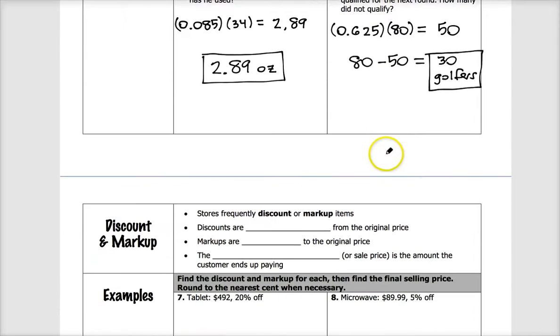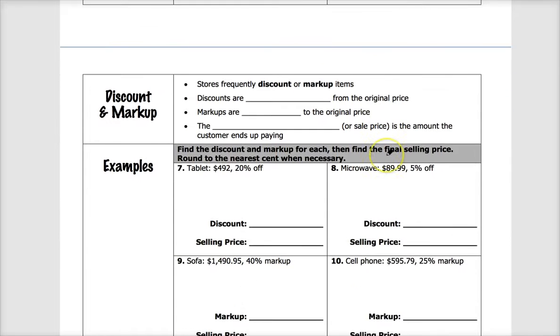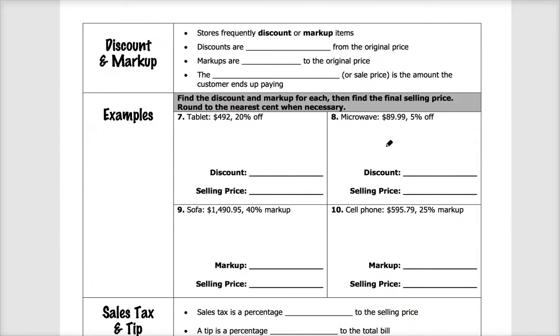And so now that brings us to what is known as discount and markup. So stores, when they're selling items, frequently discount or markup items. Discounts are subtracted from the original price. So if you're getting a discount, you're paying less than what the original price was, and markups are added to the original price.